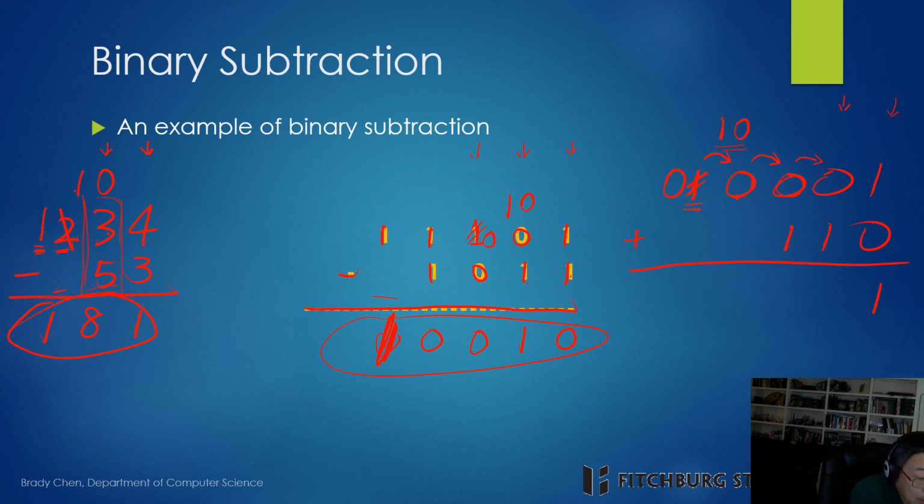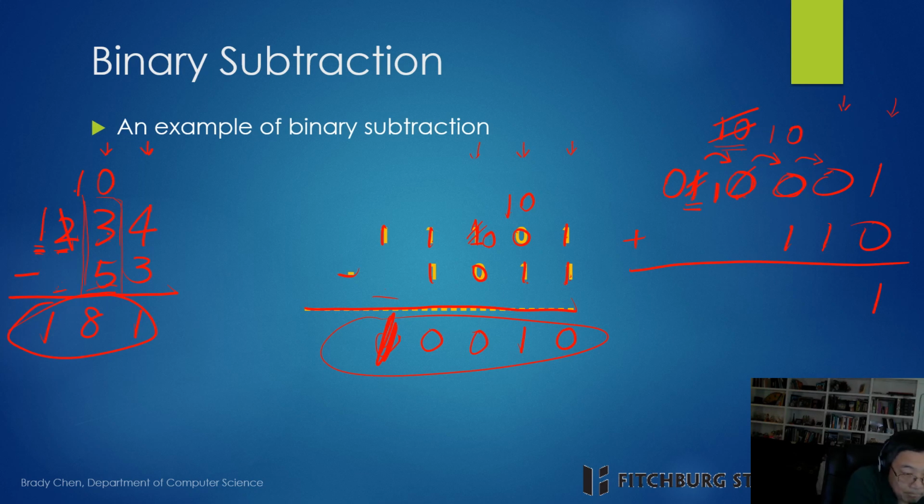In this 2, I only use 1, I only carry 1 to the previous position. So I'm going to split that 2 into 1 plus 1, leaving 1 here, and the other one is going to be borrowed by the previous position.